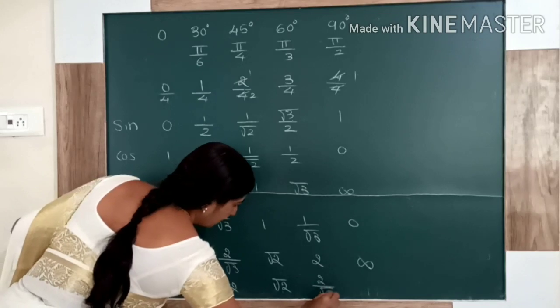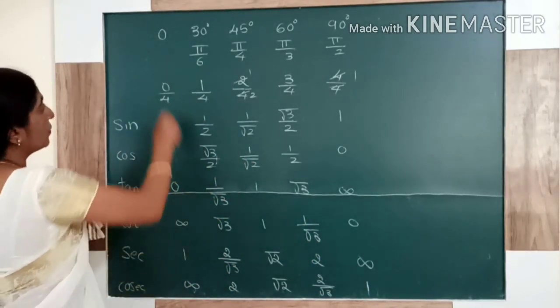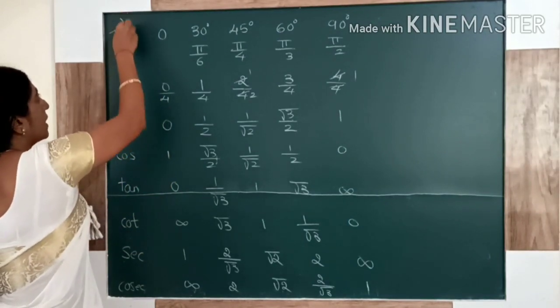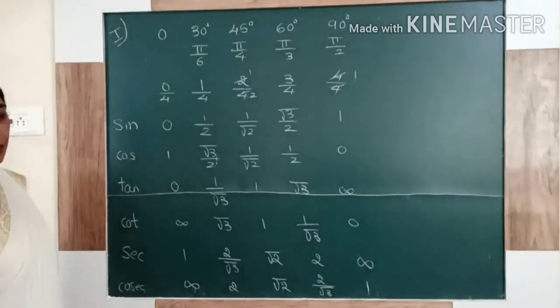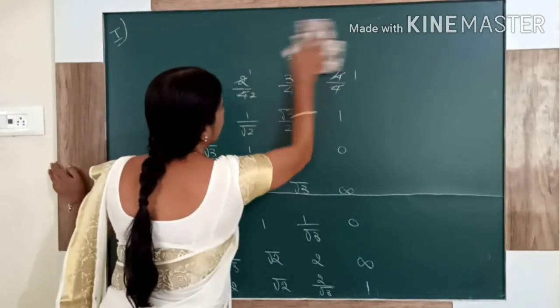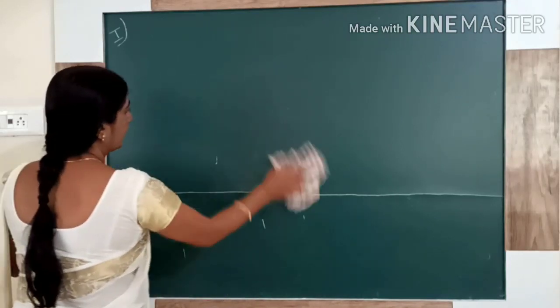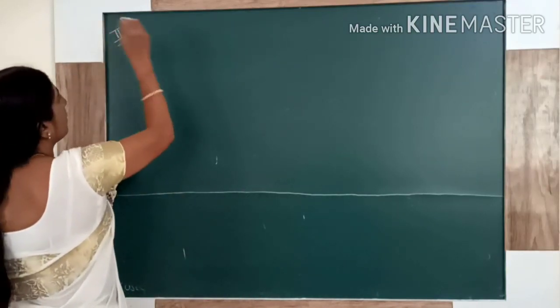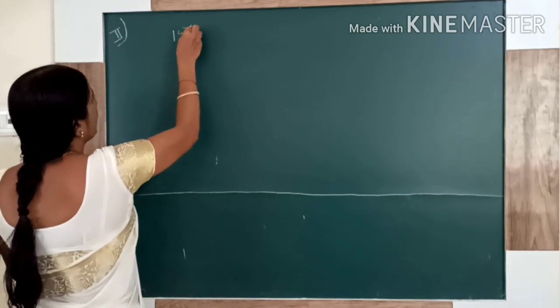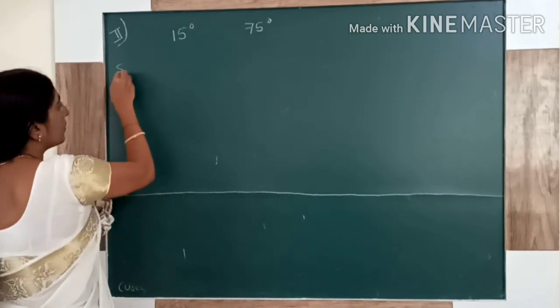See student, is it simple or what? So this is the standard value, this is the first table I gave you, and now I am giving you the second one. In the second one, I am giving you only 15 degree and 75 degree. Here I am giving you sine.